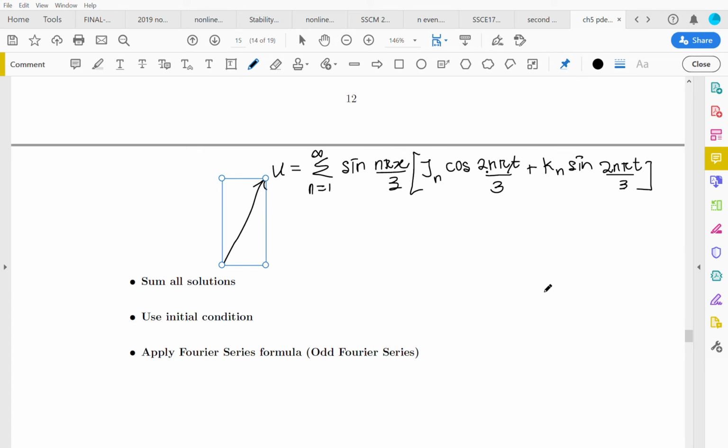Okay, so here it looks different for the wave equation with this type of boundary condition. So next we use the initial conditions. There are two initial conditions.